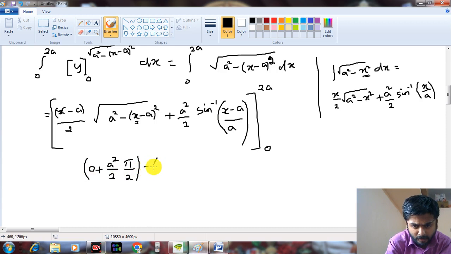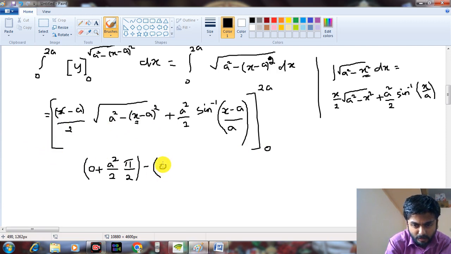Minus, we have to substitute the lower limit. If I put x equal to 0 here, it will become minus a whole square, that is a square. So a square minus a square is 0, the root of 0 is 0, so 0 into this term will become 0.